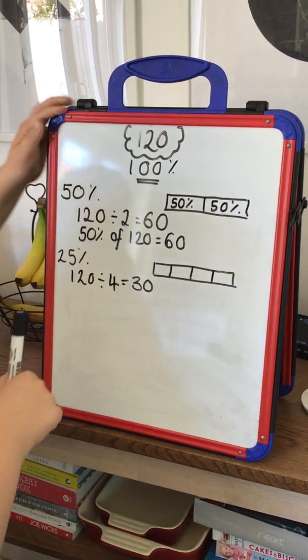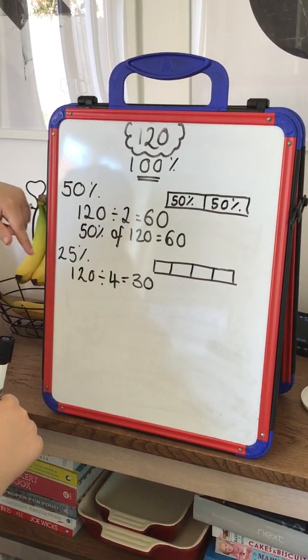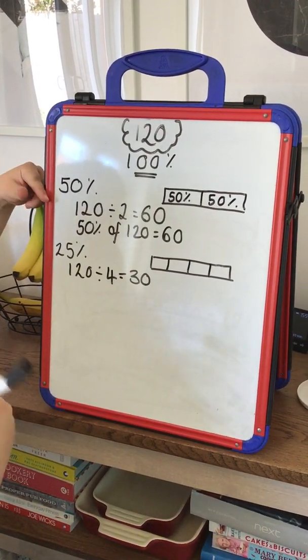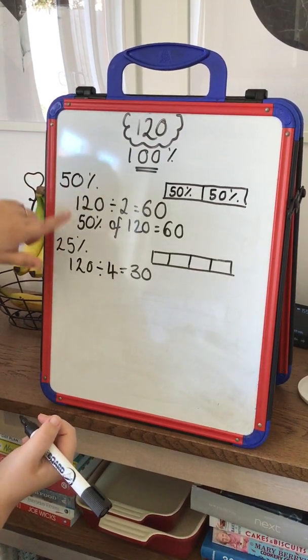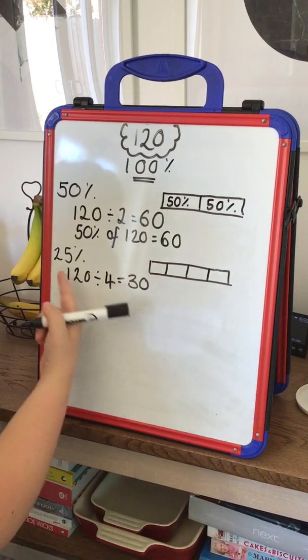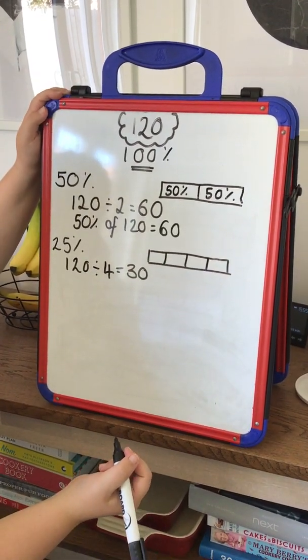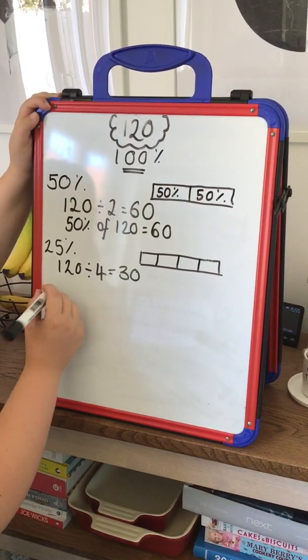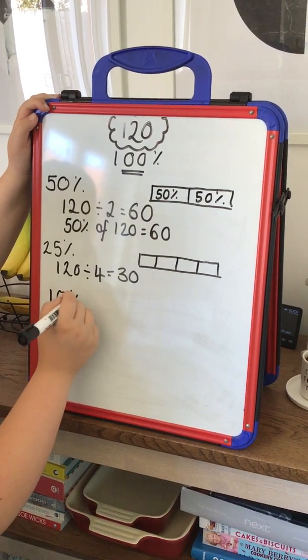Or I could have used my 50% here, seen the link, but if I know 50% is 60, save yourself a job, halving's easier than quartering, straight away I can see that 30 is half of 60, which would also give my 25%.